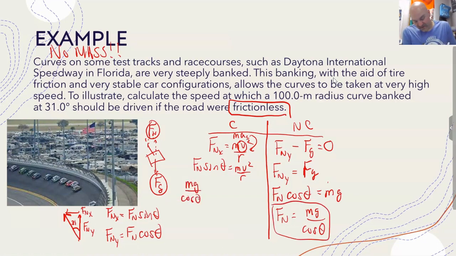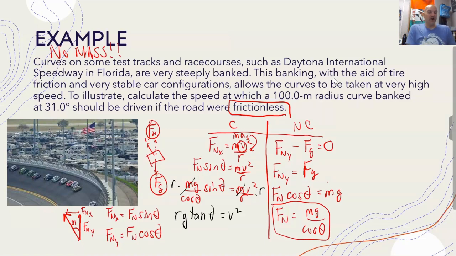So mg over cosine theta times sine theta equals mv squared over r. Here's that interesting fact again: m goes away. And so I do some solving, multiply both sides by r. Sine over cosine is tangent, so I'm going to get r g tan theta equals v squared, which is good, right? That's where we want to be. And now we just take the square root.